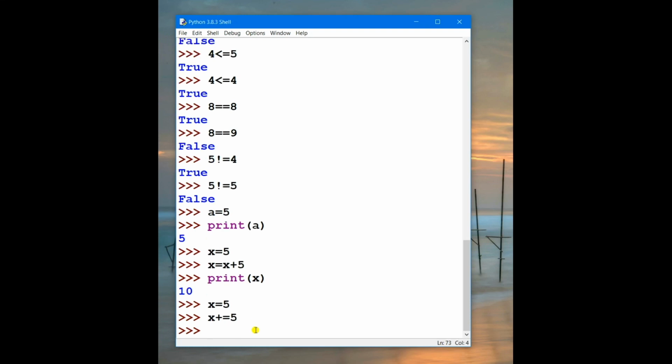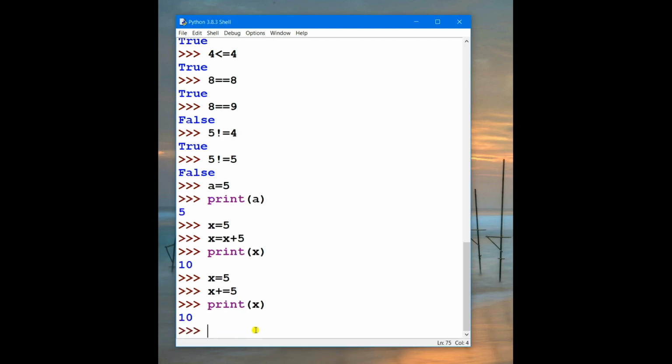This is called the add and assign operator, because we are adding and assigning at the same time. When we print x, we get the same result.